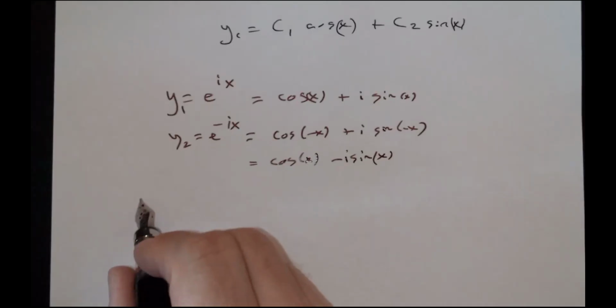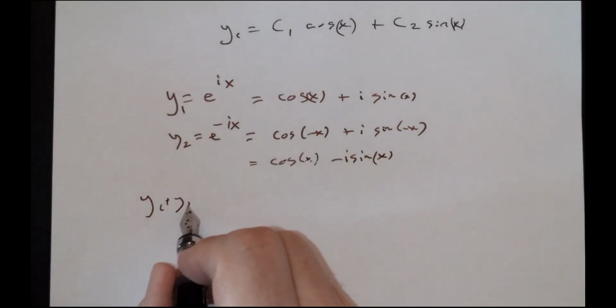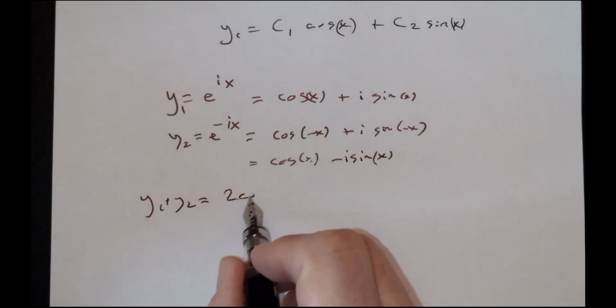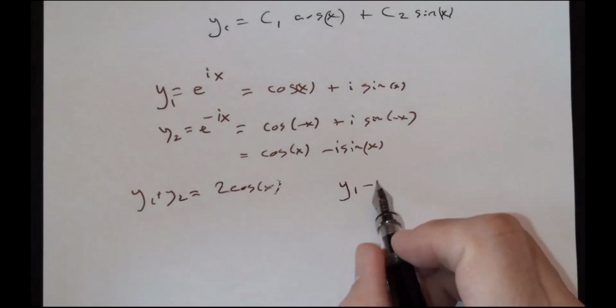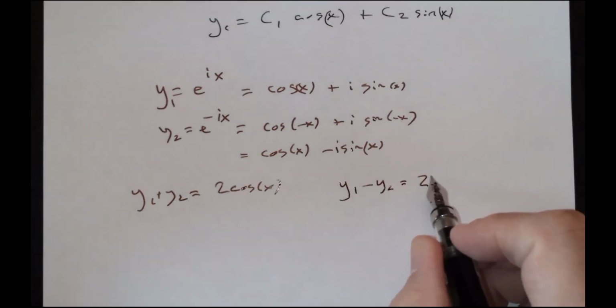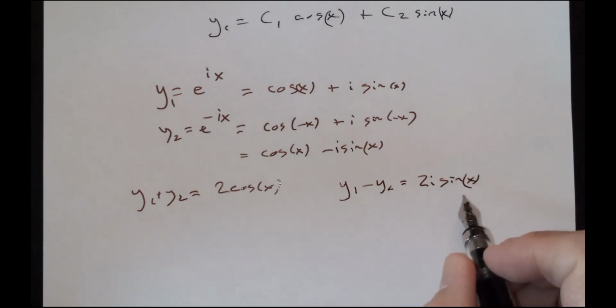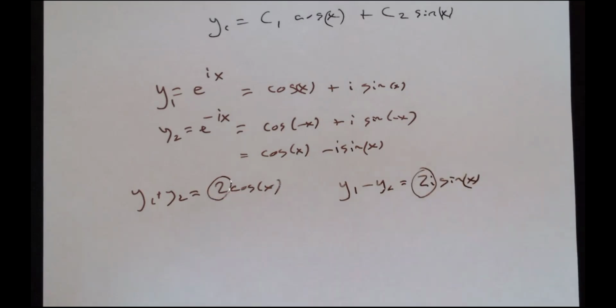So if I take y1 plus y2, I get 2 cosine x. So I might as well use cosine x instead of y1. And if I do y1 minus y2, I get 2i sine x. Again, this can be part of my constant, can't it? So whenever I see complex numbers, it's easier just to use cosine and sine.